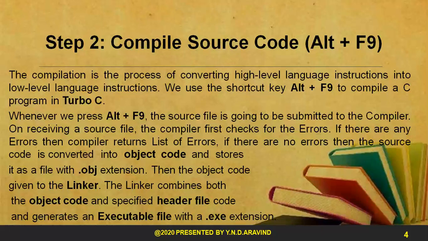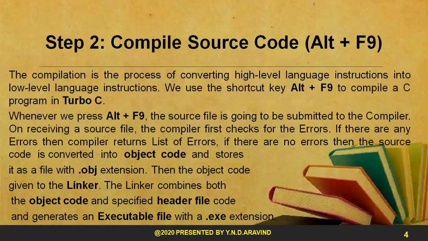Now we know that mainly all the programs we write in C use library functions, and these library functions are pre-compiled and the object code of these library files is stored with .lib extensions. So the main working of the linker is to combine the object code of the library files with the object code of our program.